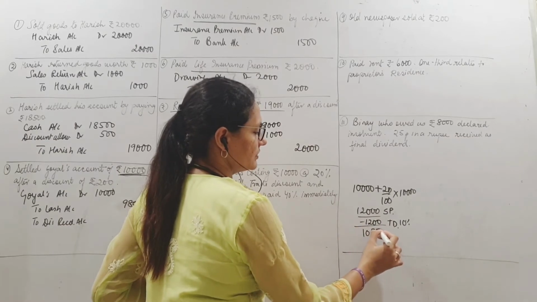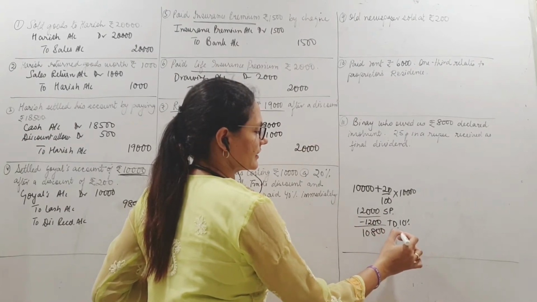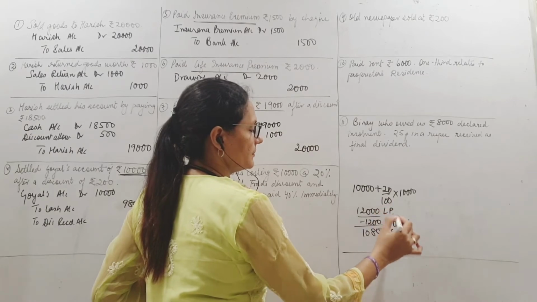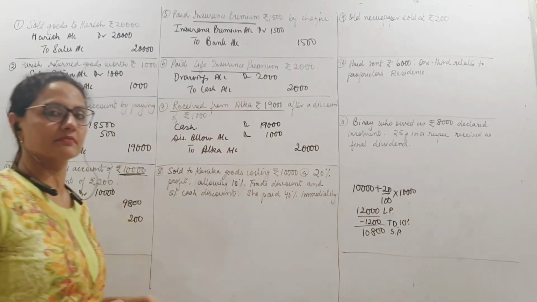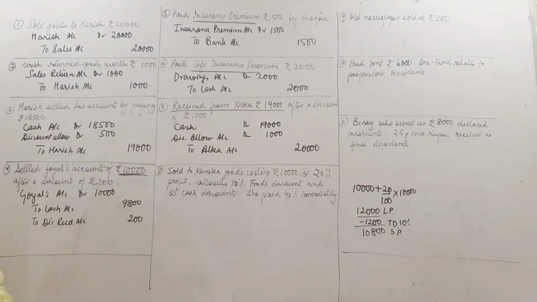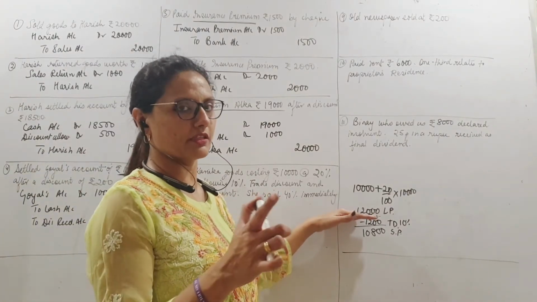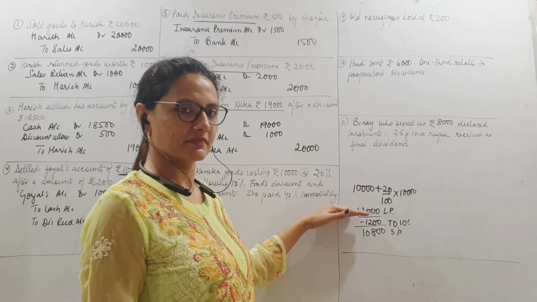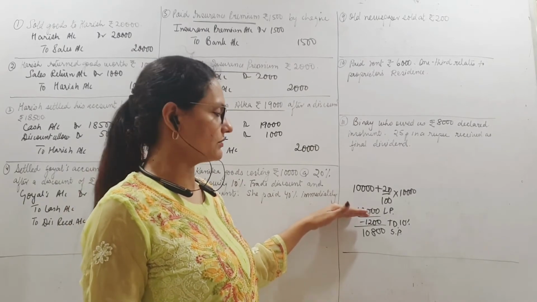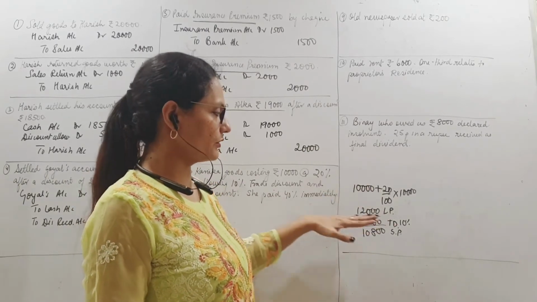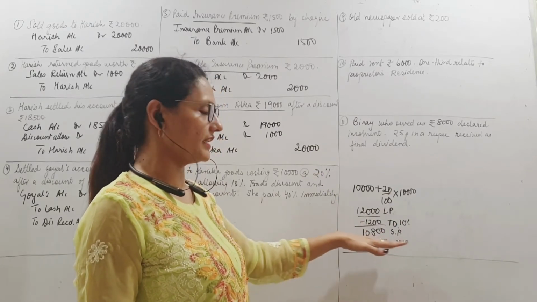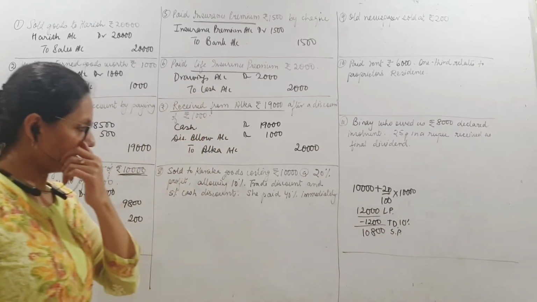So 10,800 is the actual sale price, and this is the listed price. Yes, after trade discount we have the sale price. So listed price was cost plus profit, 12,000. I told her these goods are worth 12,000. Then I said, okay, take a discount of 10%. So 12,000 minus 1,200, 10,800.